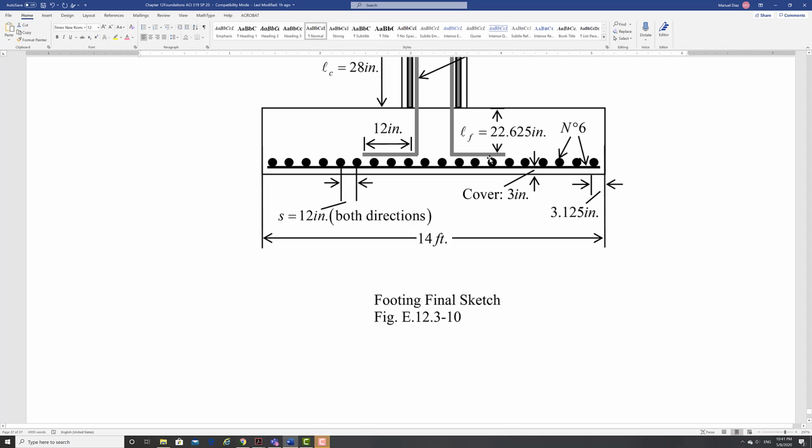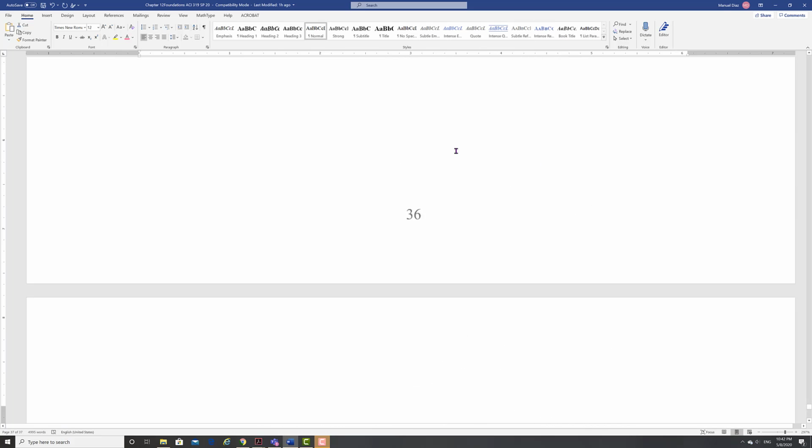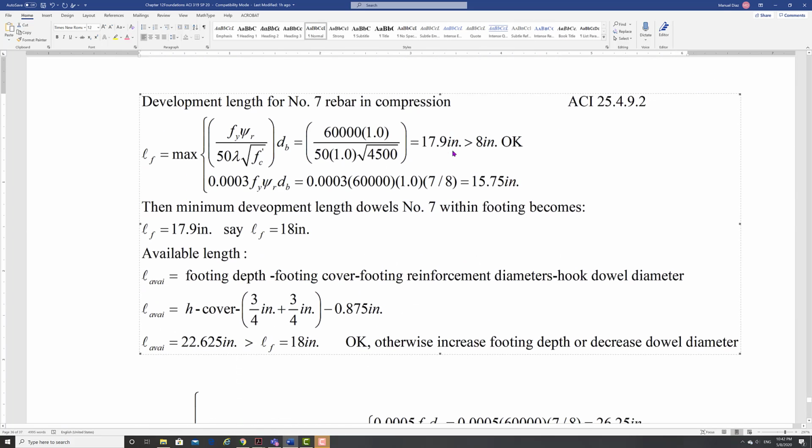Remember, the hook doesn't count. So that's your ld, right before that. So H minus 3 minus number 6, number 6, number 7. And that takes care of that anchorage part.